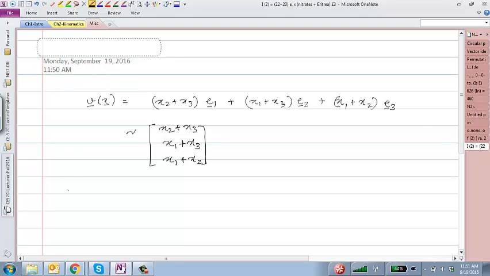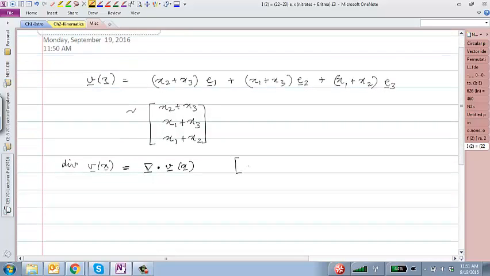And when I said that divergence of v is equal to grad dot v, what we're talking about is take the partial with x1, partial with x2, partial with x3, and operate it upon this vector field.